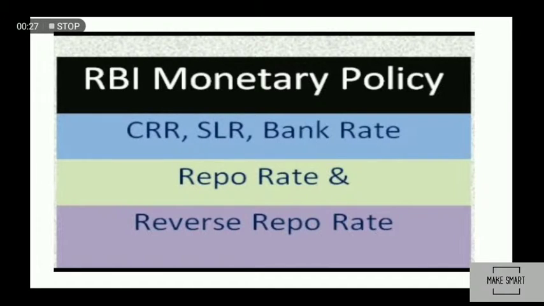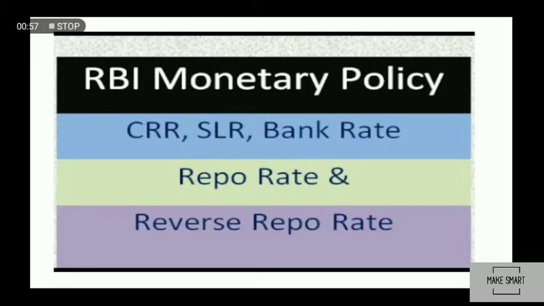For this, there are monetary policy terms and conditions. These are SRR, SLR, bank rate, repo rate and reverse repo rate. These are the weapons used to control the monetary policy of India.